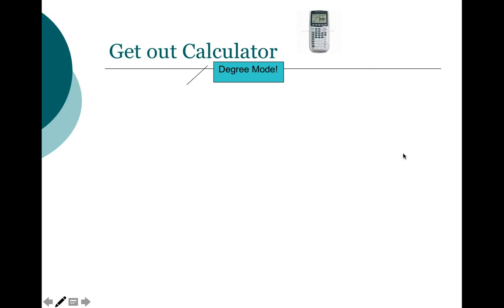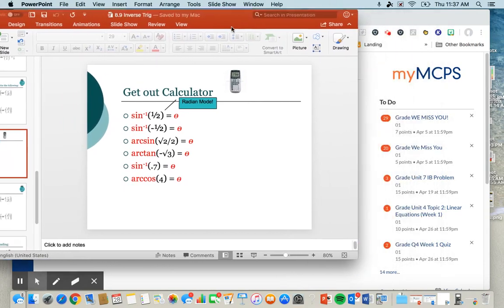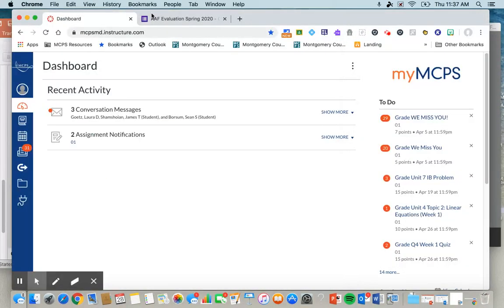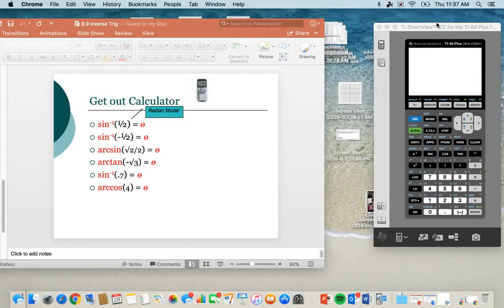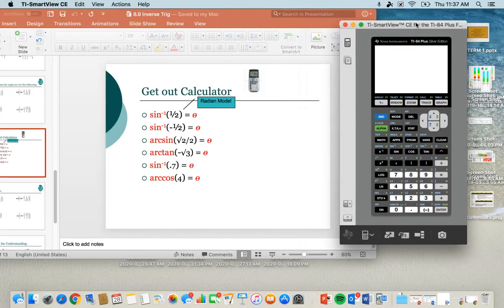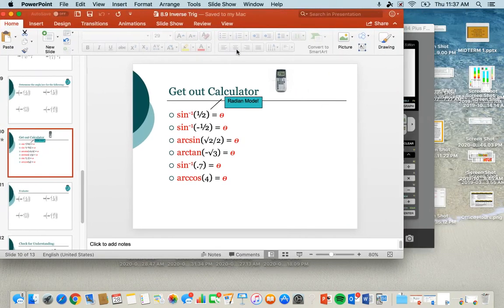Okay, so we're going to need our calculators here. And I think I'm going to do this. Here's my calculator. Oh, I think I can still write because I'm still recording, but where is my recordy thing?